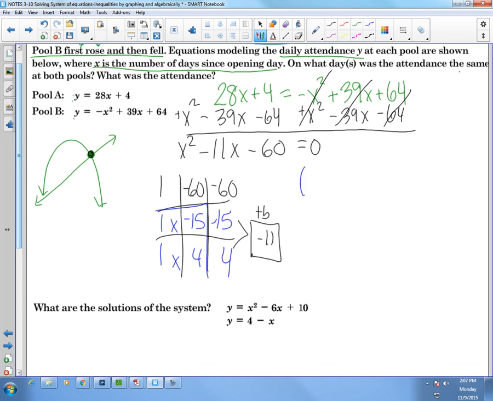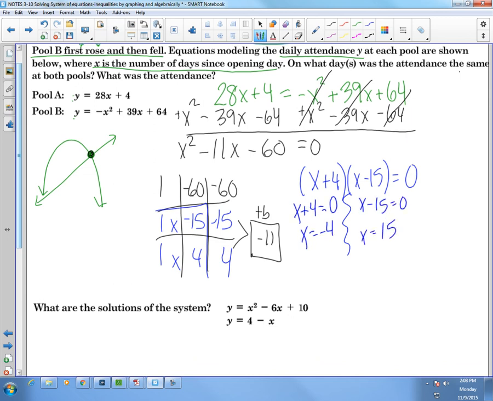So my binomials: x plus 4 times x minus 15 equals 0. How do we solve when we have the factors? Zero product property, we do a squiggly line. Take x plus 4 and set it equal to 0. So x equals negative 4. And this one, x minus 15 equals 0. So x equals positive 15.